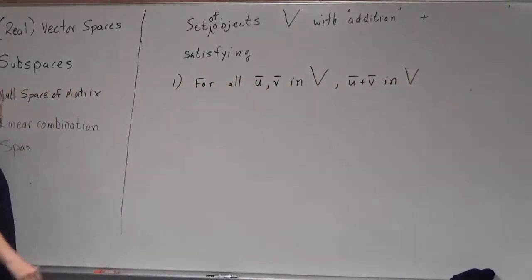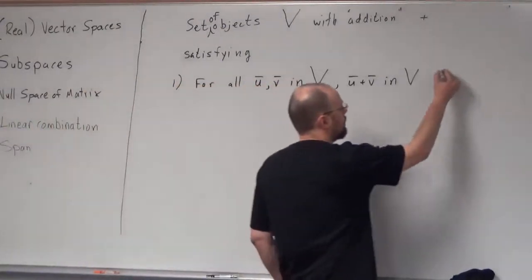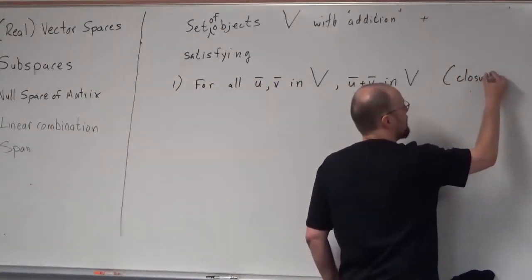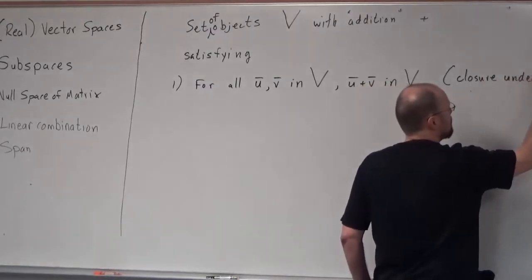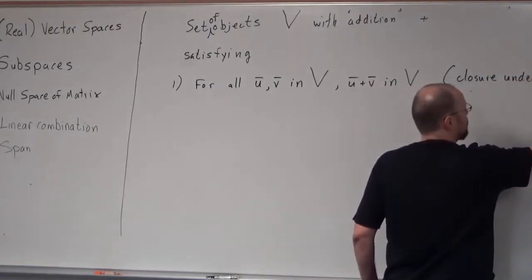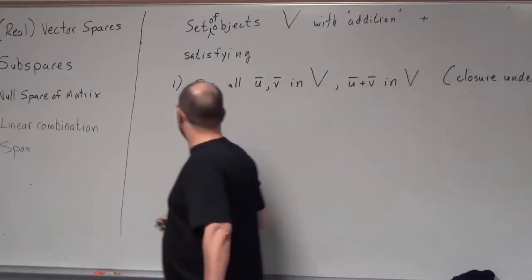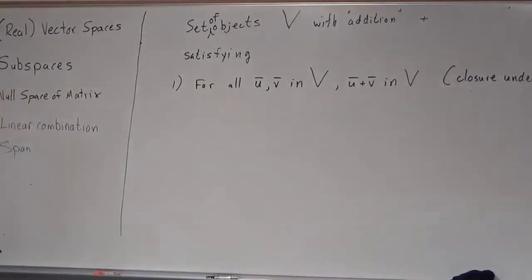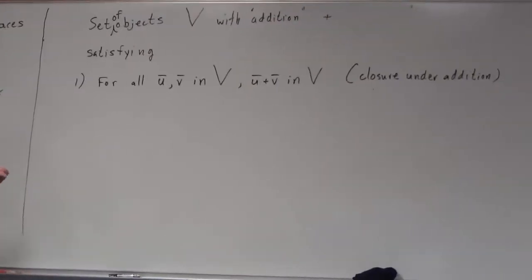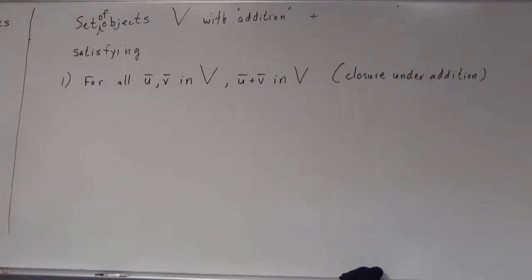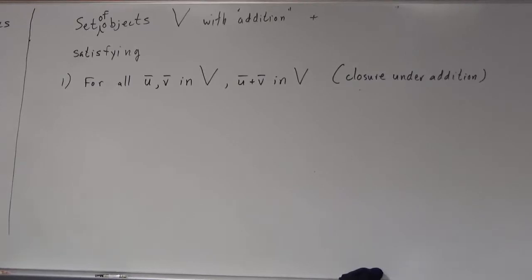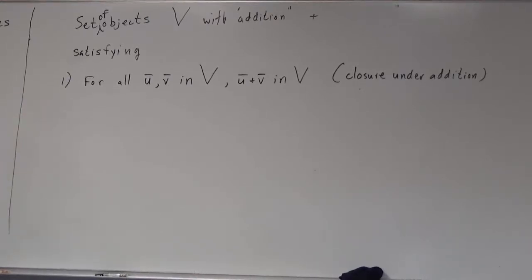This is called closure under addition. Hopefully that makes sense. If you take two objects of some type and add them, you'd like to see the same type of object. For example, the dot product of two vectors does not satisfy this condition, because you no longer get a vector, you get a number. So we would say that's not closed under multiplication, I guess.